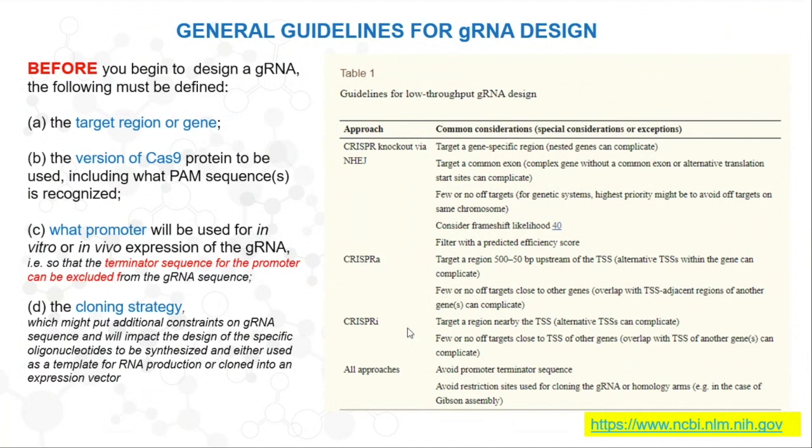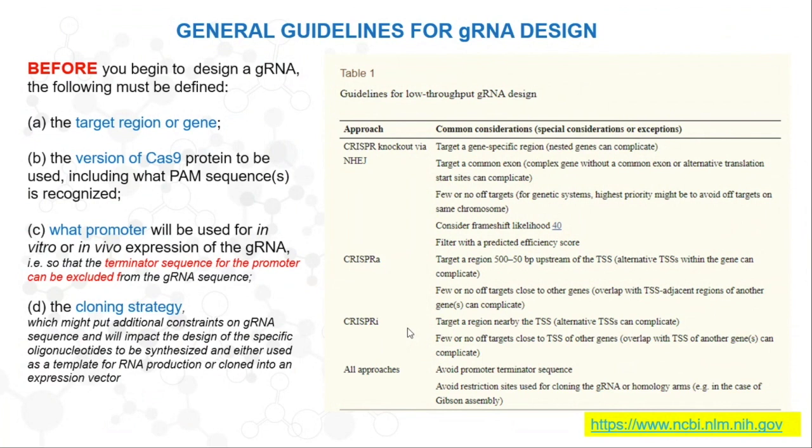So it is very important that you know exactly which promoter you use and thereby what its terminator sequence is, so that you can avoid having that sequence in your guide RNA. These are basically some basic molecular biology concepts that you need to keep in mind.